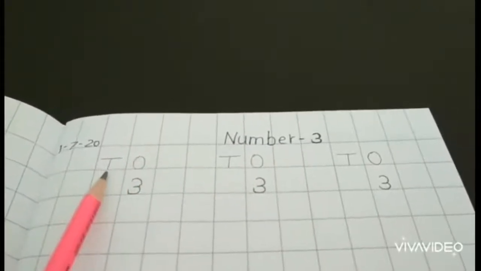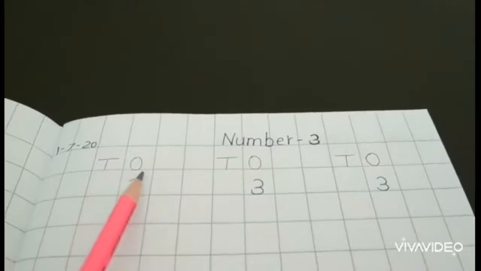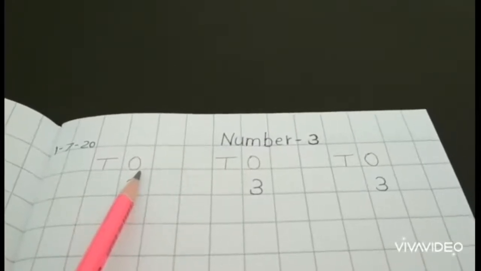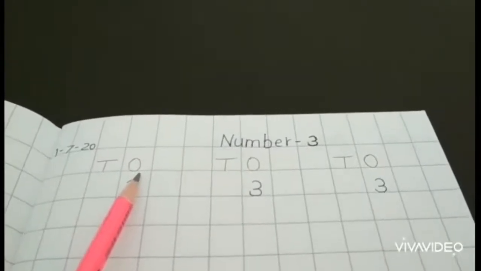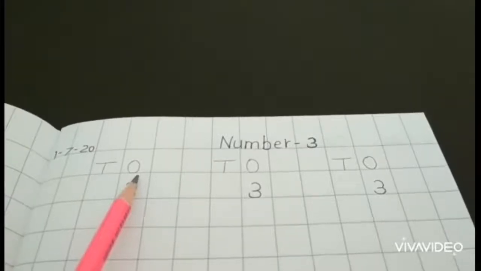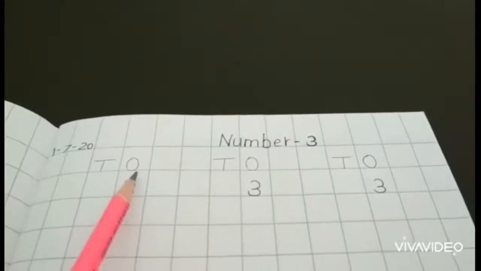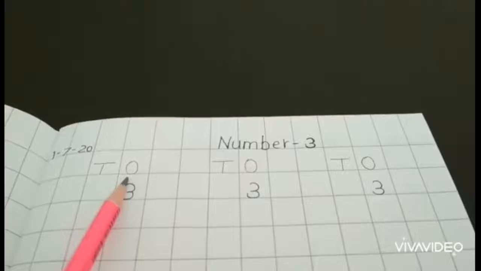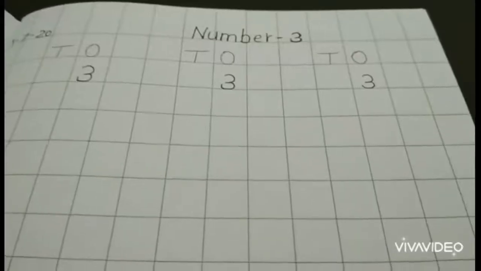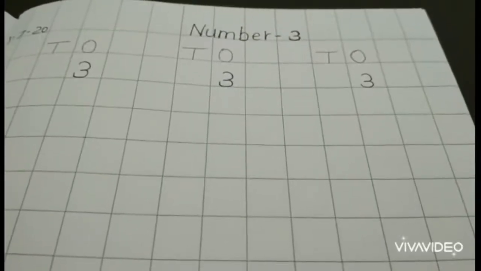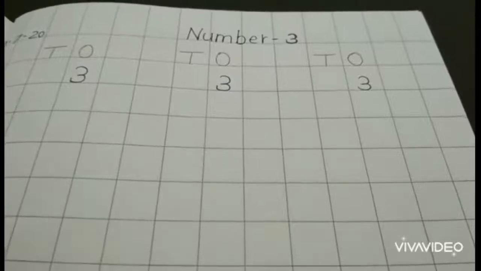T-O. T means tens. O means ones. Children, all the single digit numbers from 0 to 9 are written under ones. So, how will we write number 3?